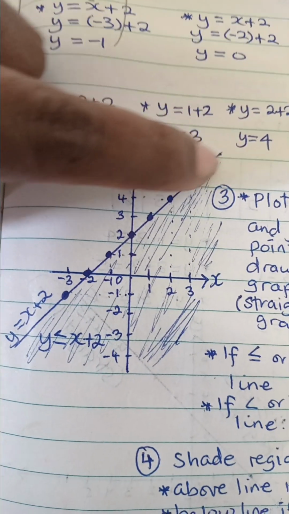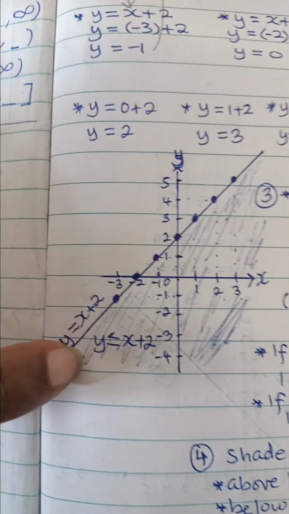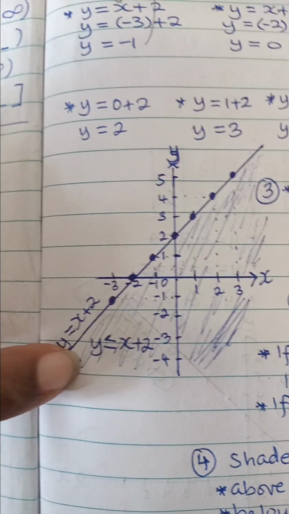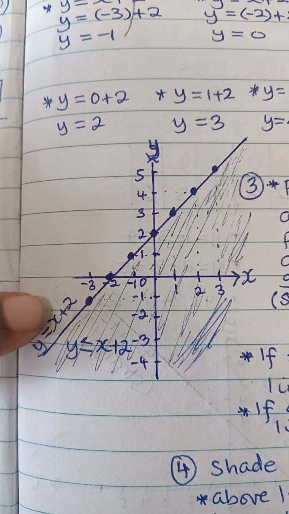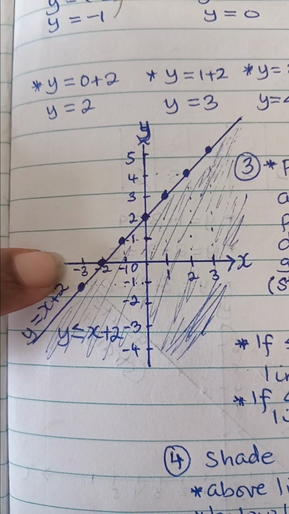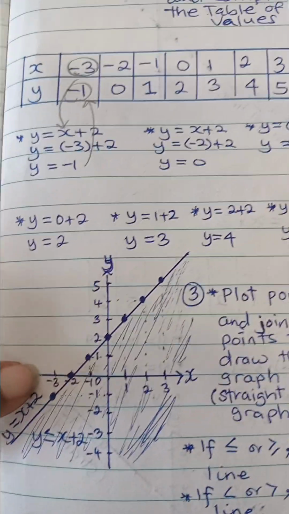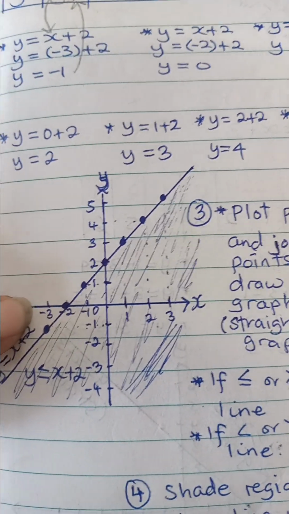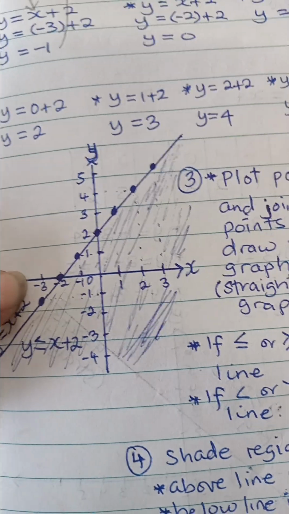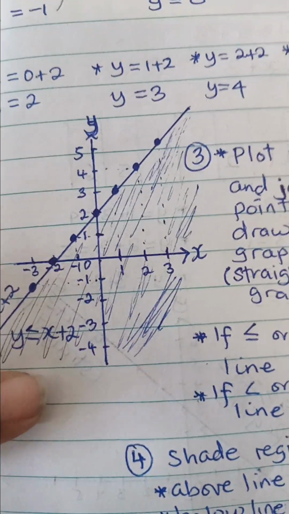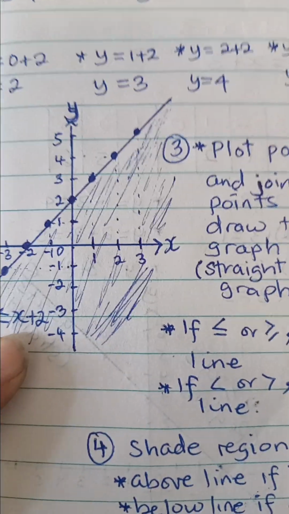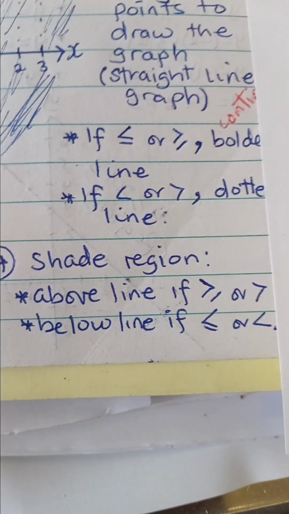Take note, this line gives the equation y equals x plus 2. Inequalities have graphs called regions, made up of a line and a shaded part on the Cartesian plane. So let's see where we shade.